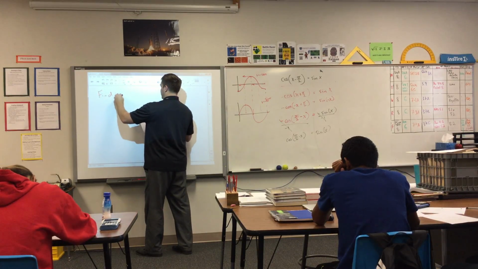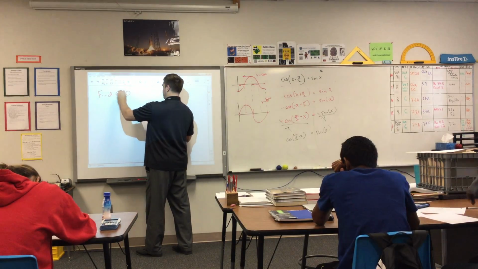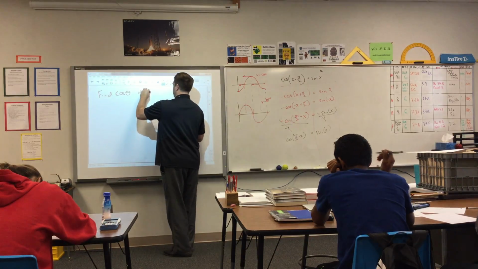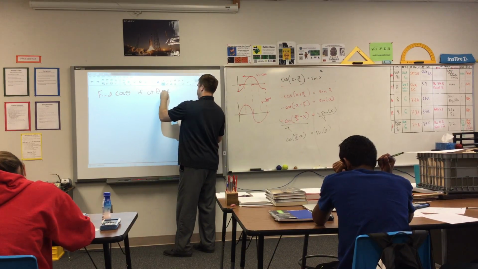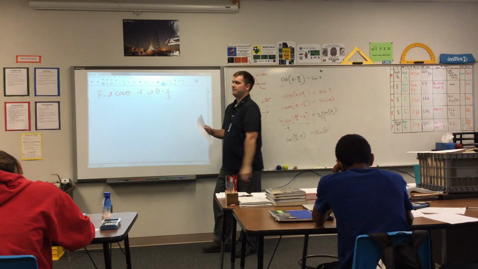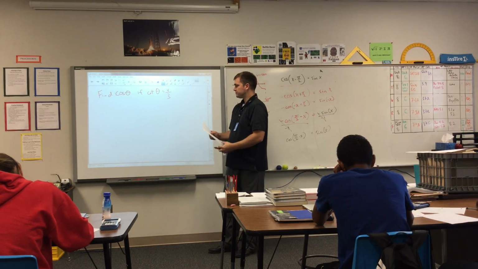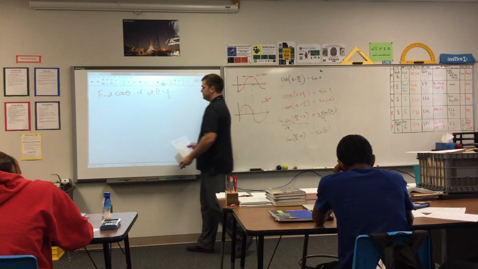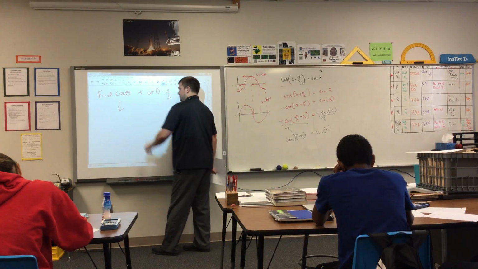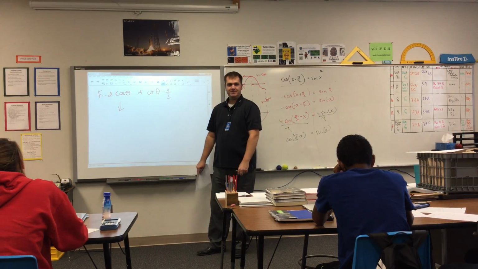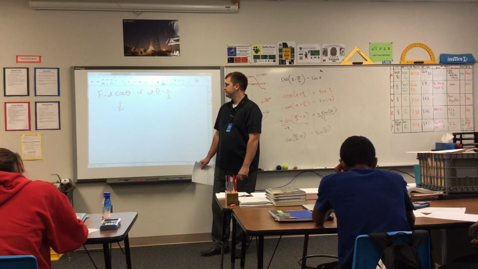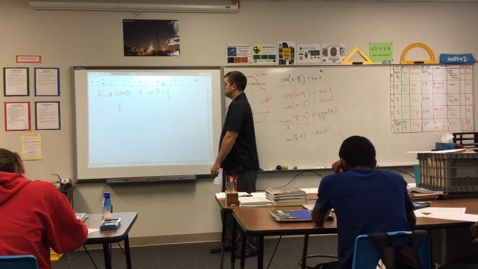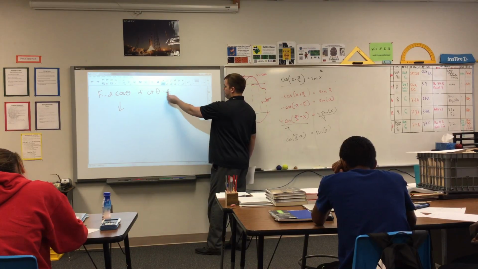First one says, find cosine of theta if cotangent of theta is 4 over 3. Okay, well, one way that we could do this problem. Wouldn't it just be 4? Wouldn't it be 4 if cotangent is cosine theta over sine theta?